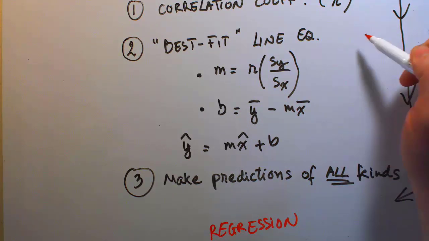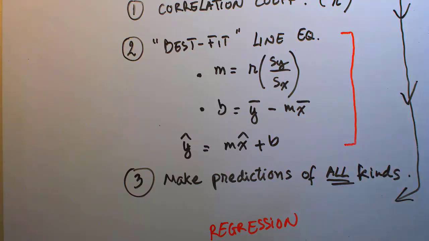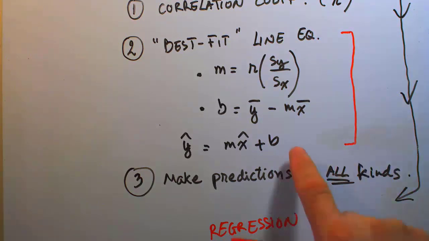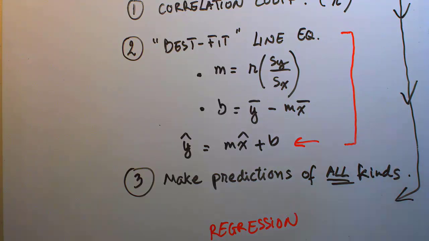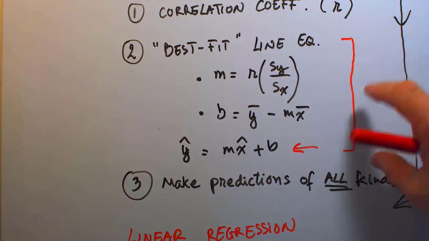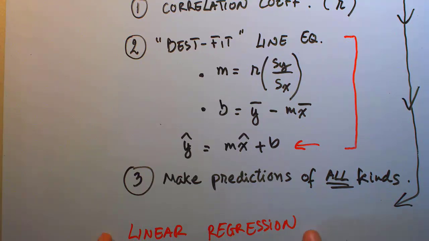At the level we're learning here, we use a method that relies on the line. One day, in a more advanced statistics course, you will learn different methods. We are using the line equation model, so that's the reason we refer to this as linear regression. All our steps, from getting the correlation down to getting the equation of the best fit line, are referred to as linear regression.